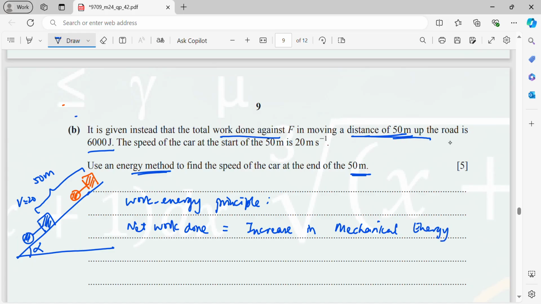Net work done is basically the work done by the car engine minus the work done against the resistance force.